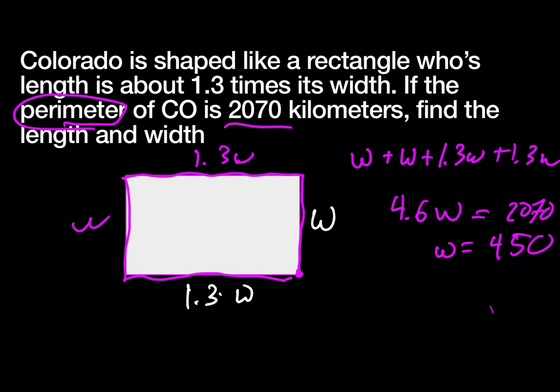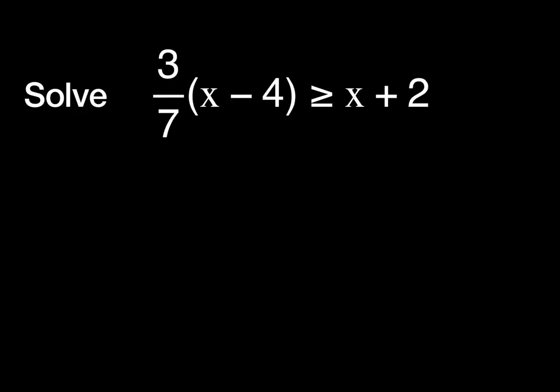And that means the length is 1.3 W, so 1.3 times that, 585. And then it wouldn't be a bad idea just to check those numbers quick. Do 585 plus 585 plus 450 plus 450 to see if you actually get a total distance around of 2070. Ooh. All right.